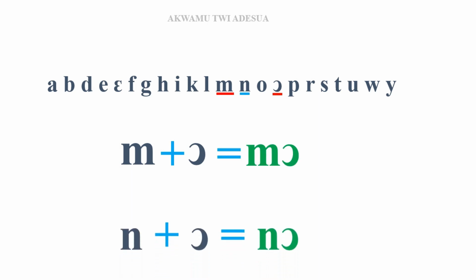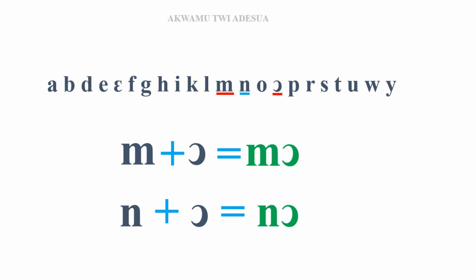N plus O will give us No. P plus O will give us Po.